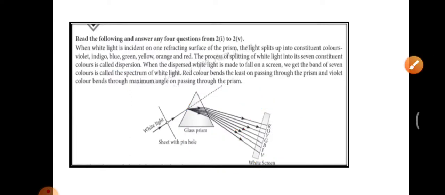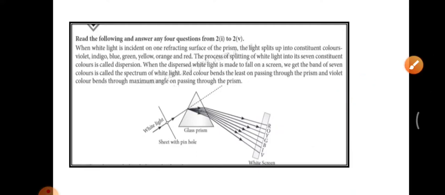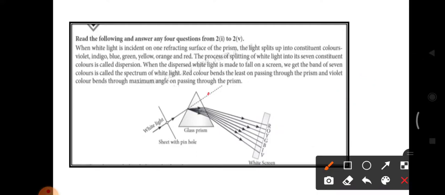So see the angle. This is a prism. When the light falls on it, the refraction takes place. The red bends least and the violet bends most. See, this is the angle of violet and this is the angle of red.